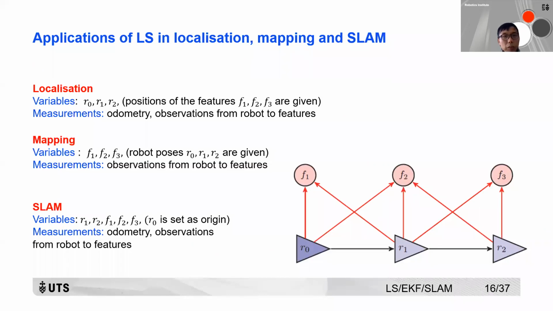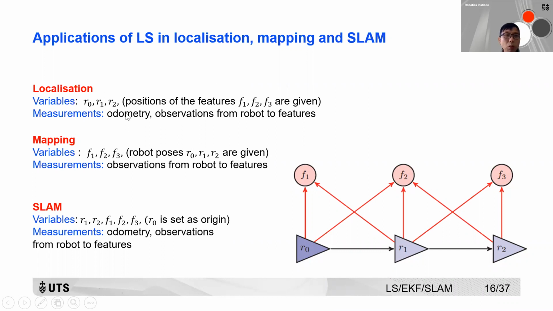So how about the localization problem, the mapping problem, and the SLAM problem? Suppose this is the scenario, and R0, R1, R2 are the robot poses at different time steps, and F1, F2, F3 are the features in the environment.